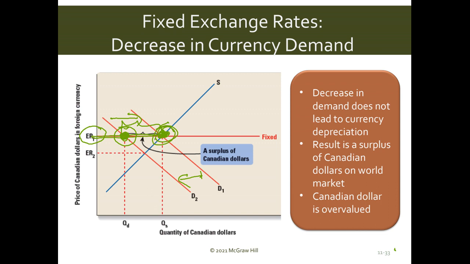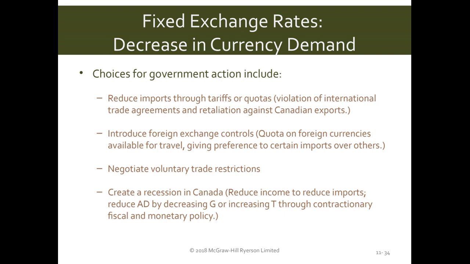So these are some of the government policies. Number one, choices for government action include reducing imports through tariffs or quotas. So you restrict imports because you don't want to increase the supply of Canadian dollars in the foreign exchange market. But this is a violation of international trade agreements and invites retaliation against Canadian exports as well.